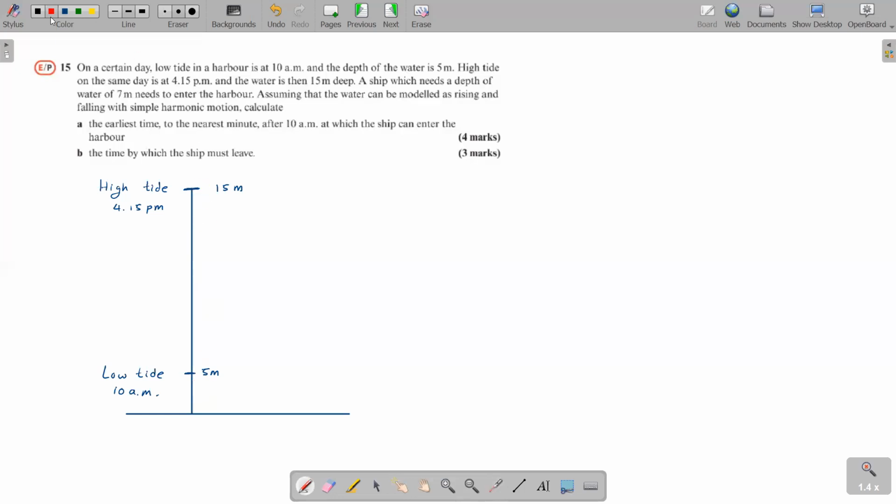So if it is oscillating between the high tide and low tide points, these 2 points are the 2 corners, which means the center is over here, exactly in the middle. What's the height difference between high tide and low tide?